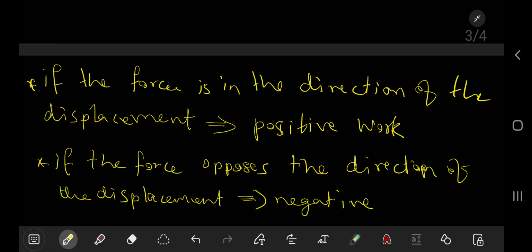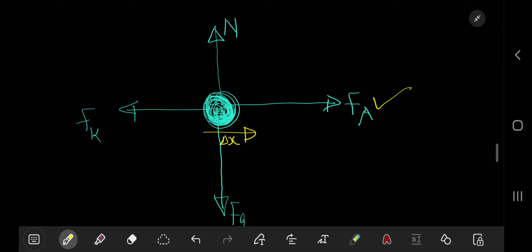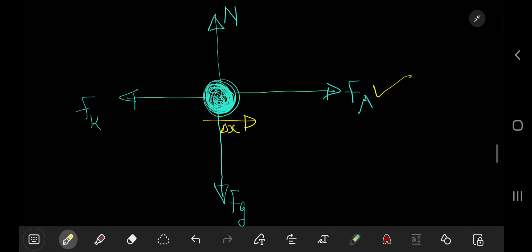It means it takes energy out of that object, but if it's positive work, it puts energy into that object. If we look at the free body diagram, you can see that your frictional force opposes the direction of the displacement, meaning that it does work, but it does negative work. So this does positive work and that does negative work.